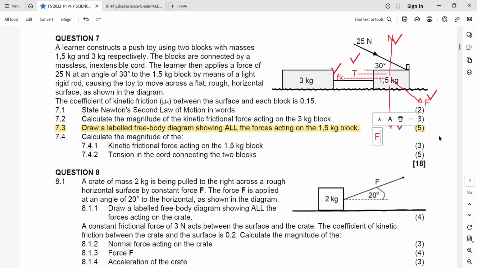So the value FA plus, minus into brackets tension plus friction, Fk, equals MA. And don't forget that this one is at a certain angle. So if it's a certain angle, it's going to be that certain angle.